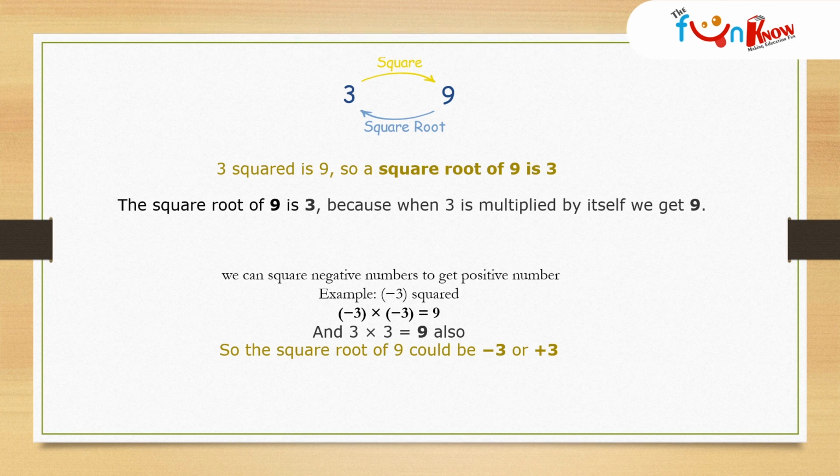Hence, minus 3 into minus 3, both the negatives cancel each other, so the answer is 9. So 3 into 3, or 3 squared, is 9, and minus 3 squared is also 9. So the square root of 9 can be 3 and also minus 3. Remember this. Square root can be positive 3 or negative 3.